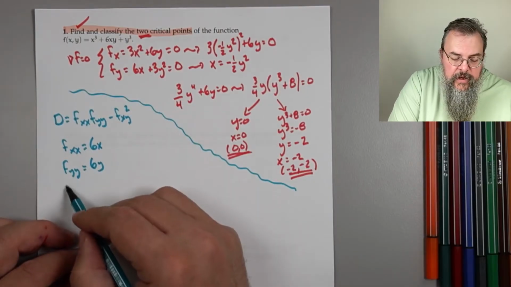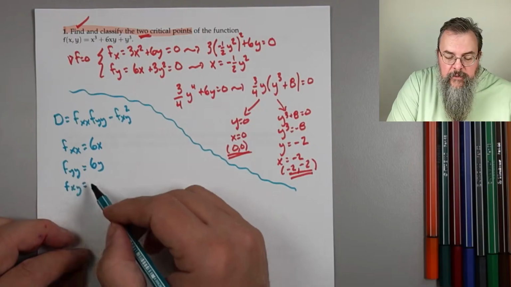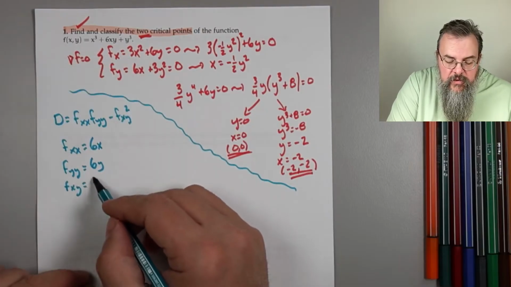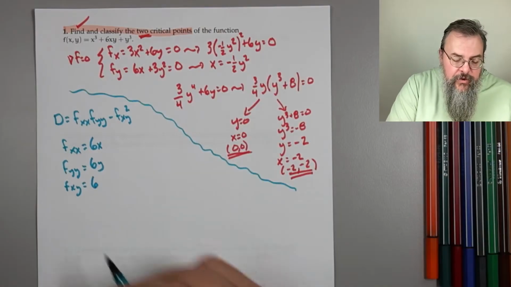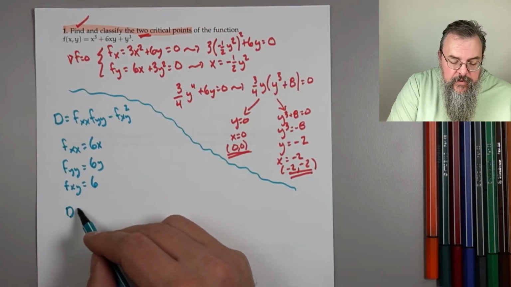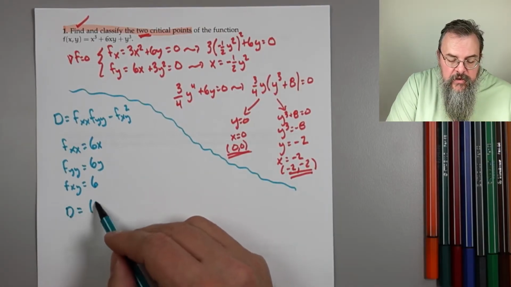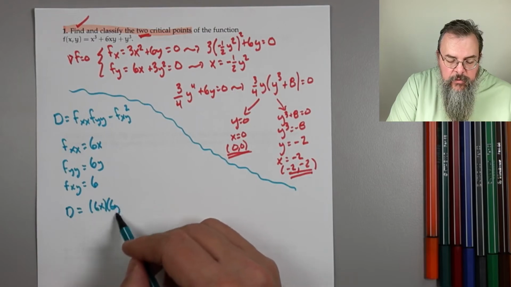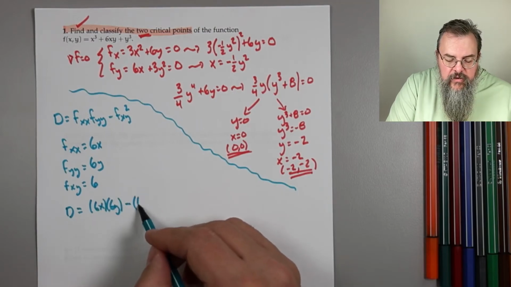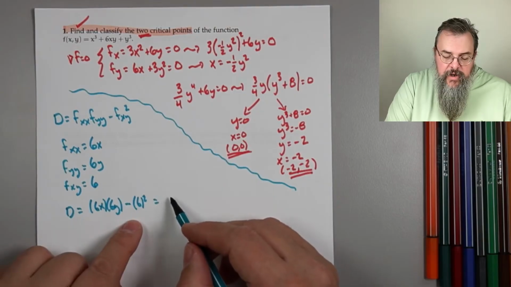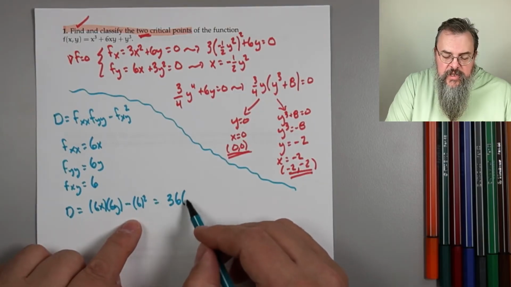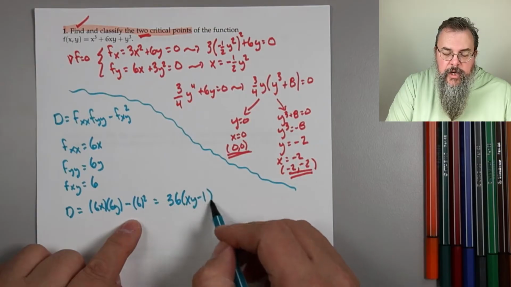How about fxy? Well, that would be 6. All right, lots of 6's here. So we get for our discriminant, our D, 6x times 6y minus 6 squared. Or if you like, that's 36xy minus 36. So it's 36 times (xy minus 1).